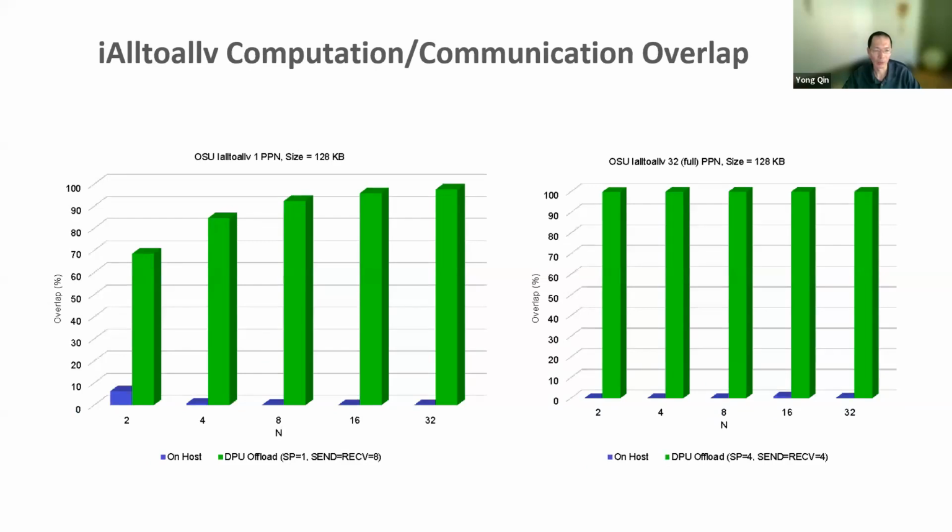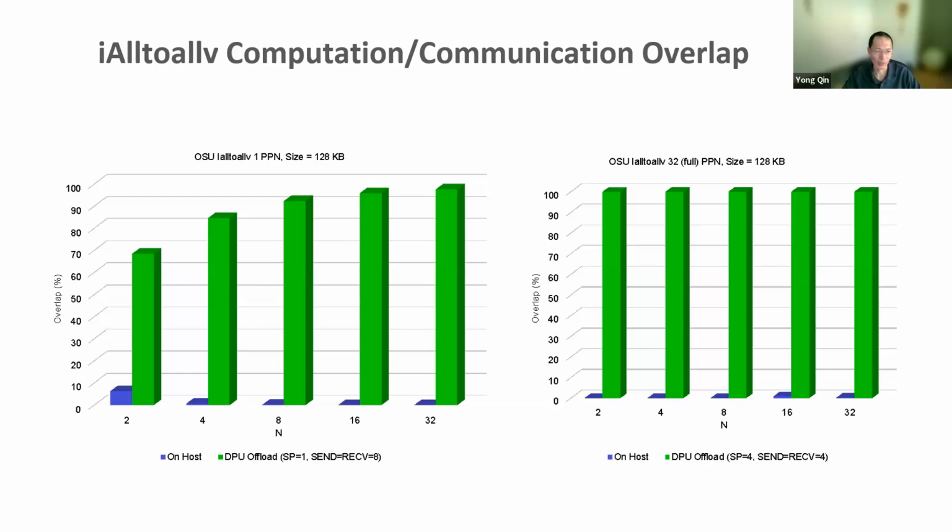This one shows a very important and also interesting feature of doing the DPU offload. This shows you the non-blocking AlltoAllV with the same 128 kilobyte message, but what it shows here is the overlap between communication and computation.